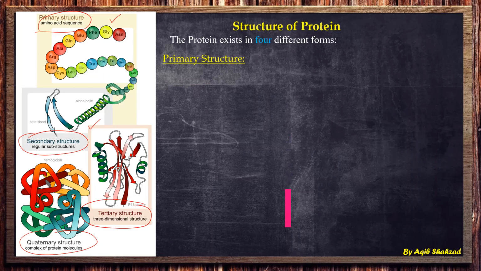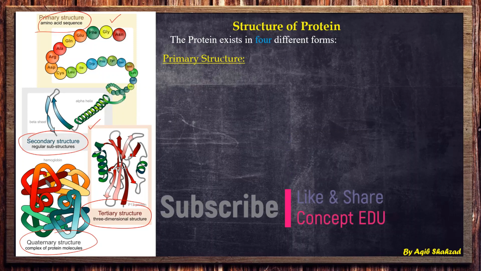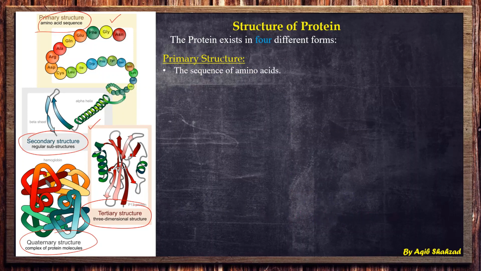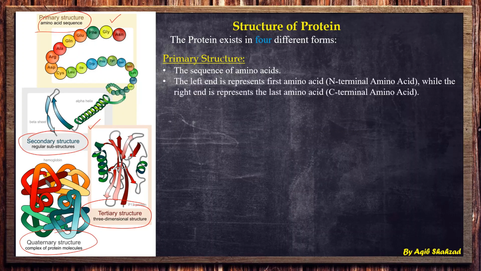In primary structure, what we have found is that primary structure is just the sequence of amino acids. Amino acids are joined together in a sequence, in a line arrangement, which is guided by the mRNA, and this sequence is made by the ribosome, the protein synthesizing factory.